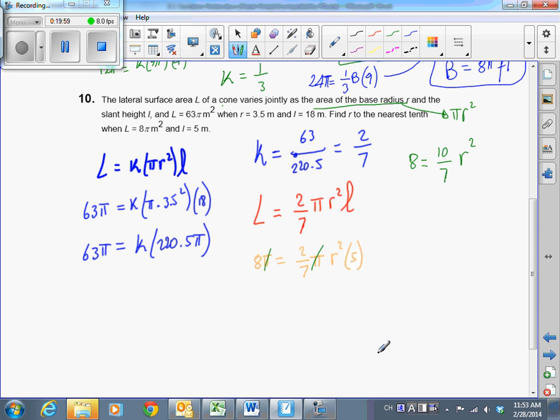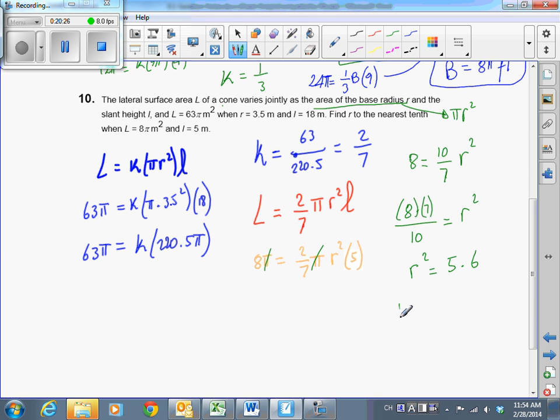You still good so far? So to get rid of the over 7, I multiply by 7 and divide by 10. So that would be 8 times 7 over 10 is equal to r squared. Who will give me this value? R squared is equal to 5.6.